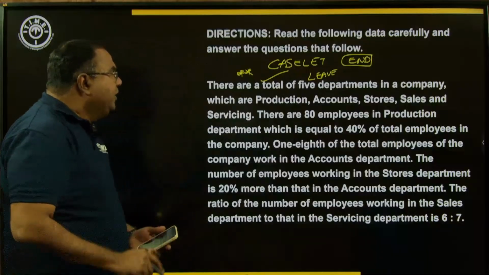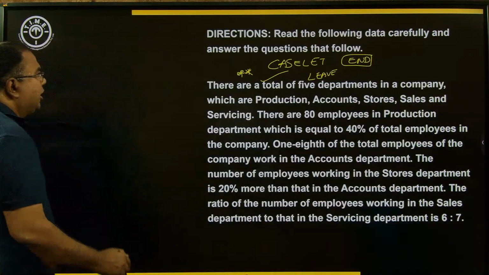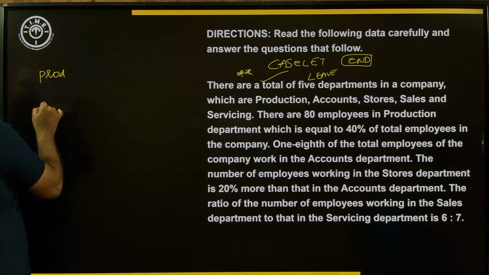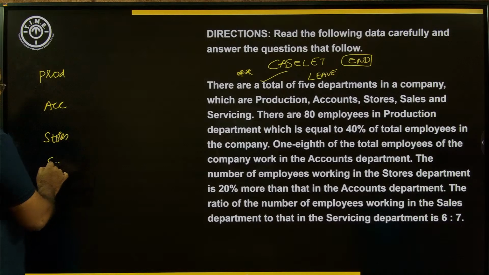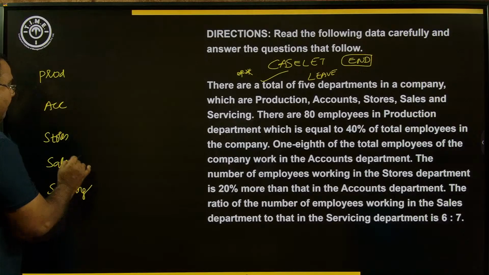So let's start. There are a total of 5 departments in a company: production, accounts, stores, sales, servicing.